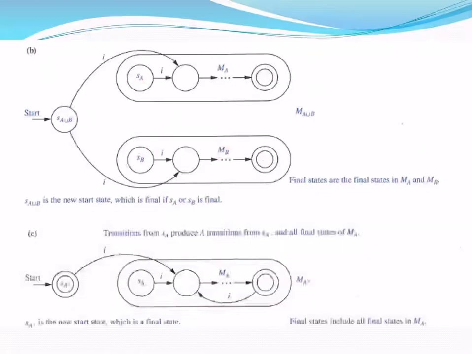And then finally, we have the Kleene closure step. So remember, Kleene closure is just an arbitrary number of concatenations of set A. And we create a start state that is a recognition state because remember, lambda is always an element of a Kleene closure.